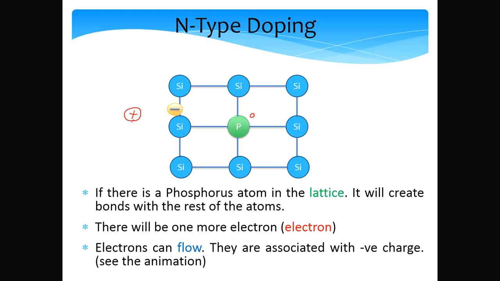So at this point, what are the two important concepts that we have read? We have read the concept of a hole, which is a lack of an electron, but conceptually it can be thought to carry positive charge. And then we have studied about an electron. Electron carries negative charge.